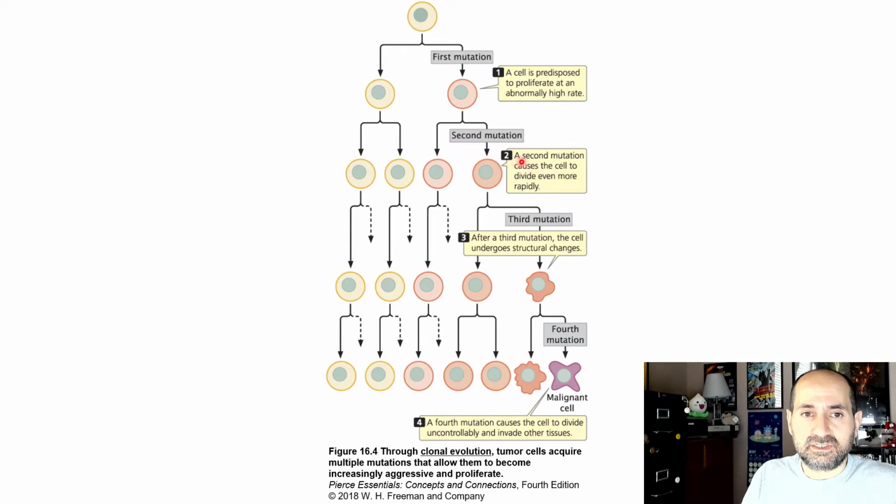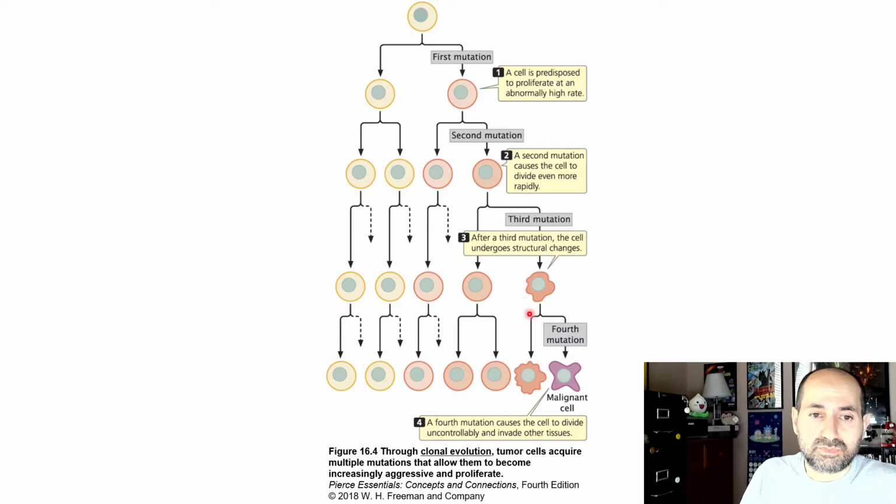And number two, a second mutation now occurs, causing the cell to divide even more rapidly. Oh gosh. So now the cell is still not a cancer, but it is growing a little too fast, right? This may cause irregularities in the tissue. Then you have another cell division. A third mutation happens. Now the cell undergoes structural changes. This is not good.